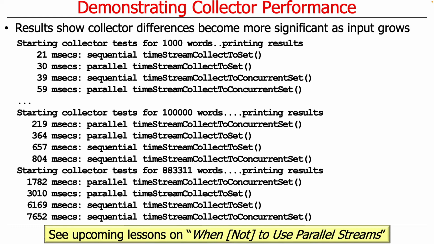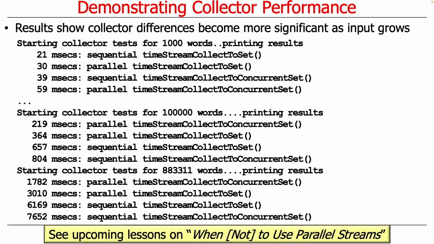You'll also see, of course, that doing things in parallel, even when merging is taking place, is still a win. But you can see that the approach that uses parallel non-concurrent collectors, that's what the time stream collect to set result is, is about twice as slow as the concurrent collector. And you'll notice that both of those are substantially faster than the sequential variants, where there's only one thread. And perhaps no surprise, when you have only one thread and you use a concurrent collector, that's the slowest of all.